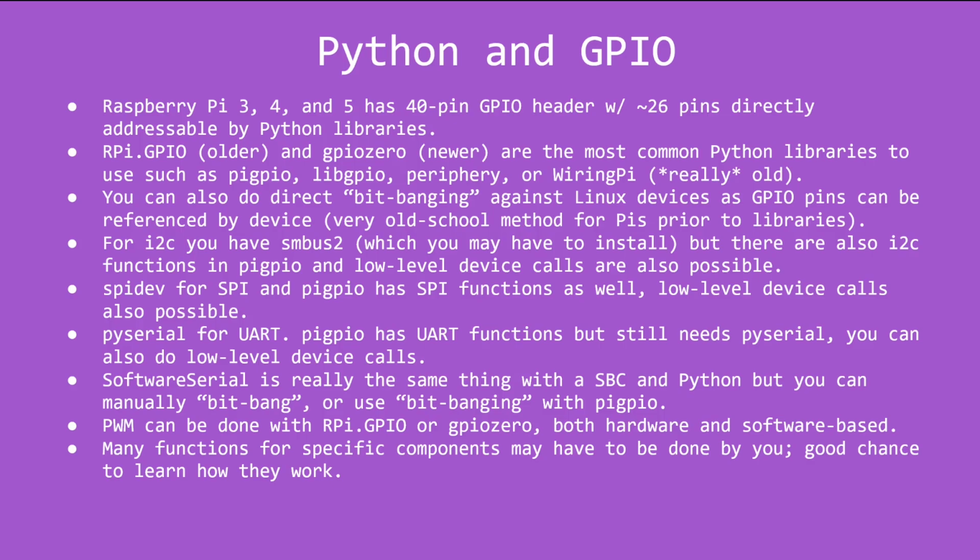Pi GPIO also has UART functions, but it's still going to need PySerial. Again, low level device calls. Software serial isn't quite the same thing with a single board computer as it is with an Arduino, but you can do manual bit banging and some other stuff with Pi GPIO. Pulse width modulation: RPi.GPIO, GPIO Zero.